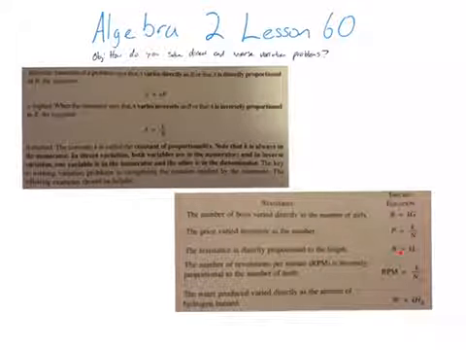So R is some number times L, the length. The number of revolutions per minute is inversely proportional to the number of teeth. So the RPM is equal to K over N, the number of teeth. The water produced varies directly as the amount of hydrogen burned. So W is equal to K times H.